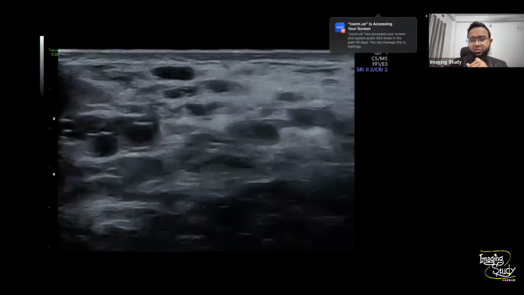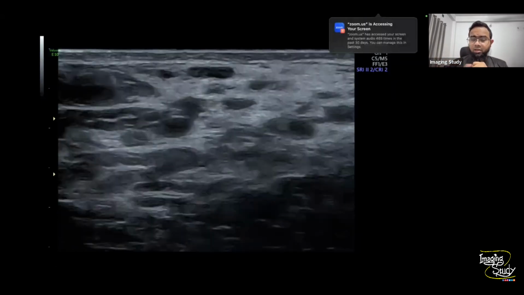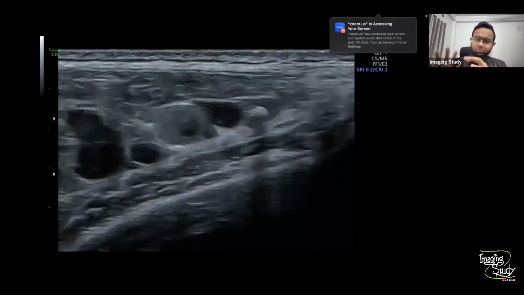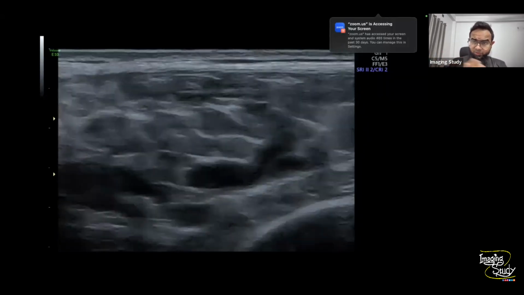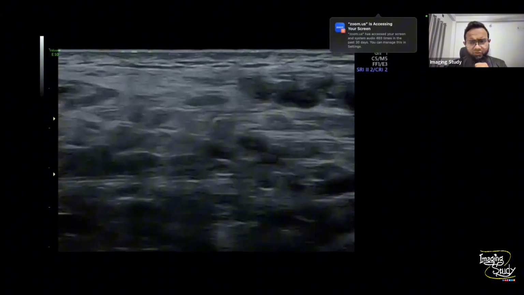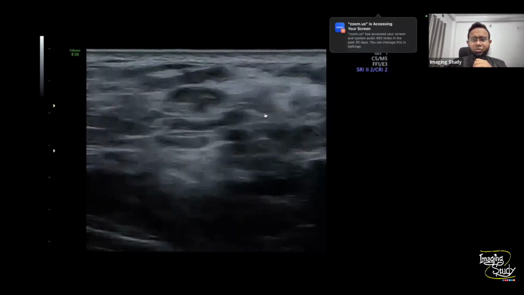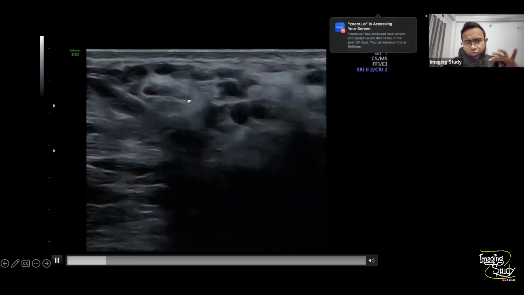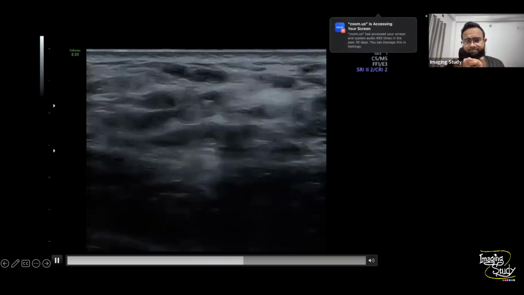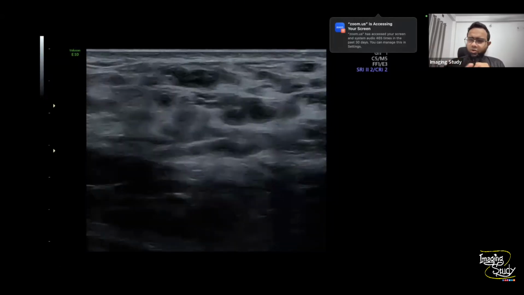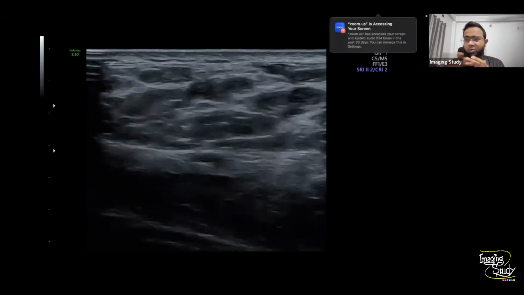Now we want to differentiate whether it's a venous malformation, is it a hemangioma, or is it an arteriovenous malformation. Now we need to solve it. So let's see it from a different angle again. Now you can see all these venous channels throughout the forearm, and it's almost occupying the whole of the forearm.